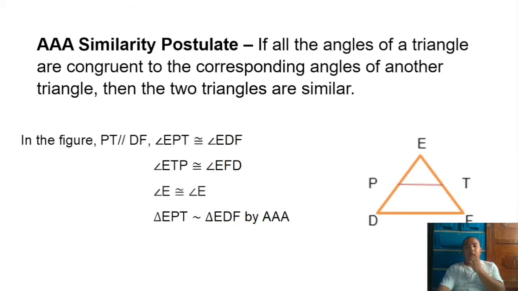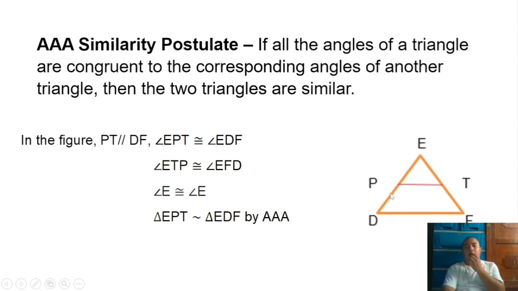So we have here in the figure triangle DAF with the midline PT, where PT is parallel to DF. In here, angle EPT is congruent to angle EDF. Angle ETP is congruent to angle EFD.